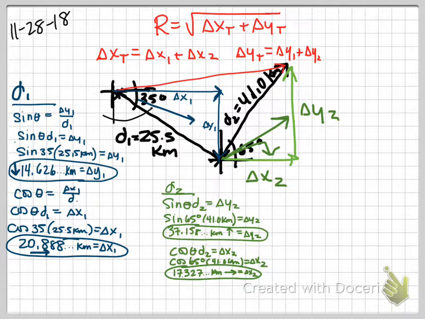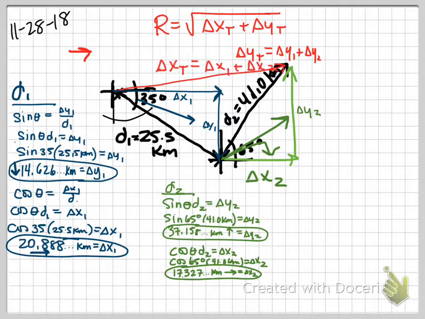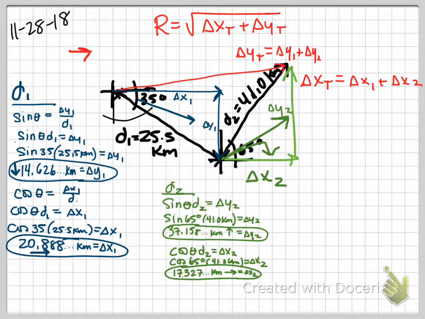So now I've got all the pieces I need to find these. If I was working on a regular piece of paper, this is where I would have probably started working down the side with my delta x total, delta y total. So I'll just go ahead and do that. I'll move that label inside the triangle.